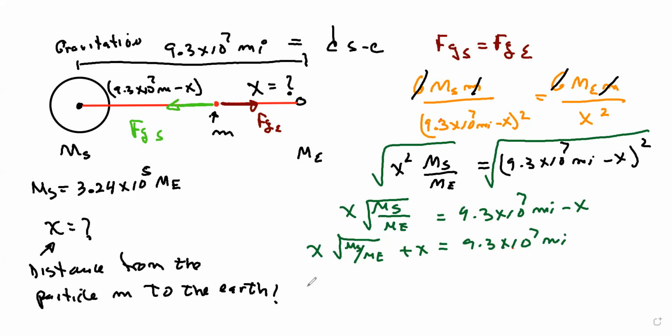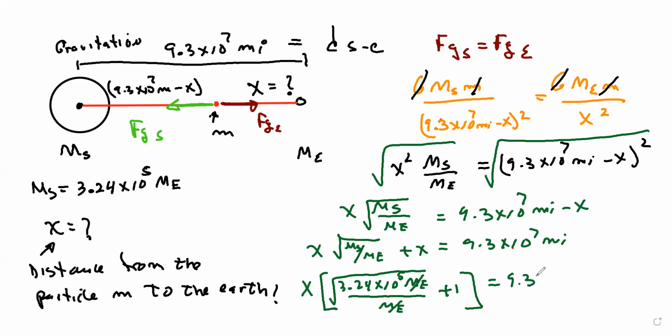So it's going to be x, and then we factorize inside. The mass of the sun is 3.24 times 10 to the 5 masses of the Earth, divided by the mass of the Earth, and we still have to take the square root of all this, plus 1. The masses of the Earth cancel, and this is equal to 9.3 times 10 to the 7 miles.